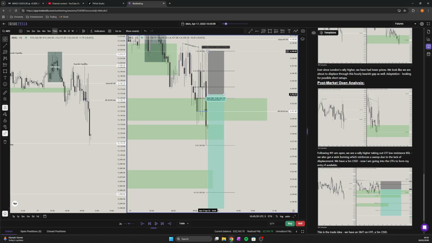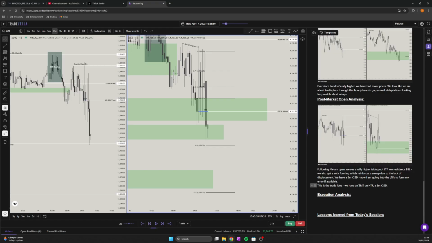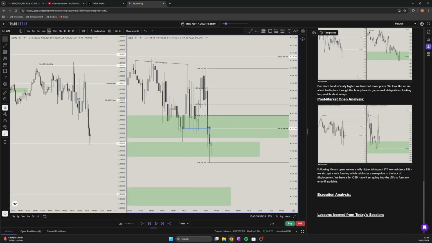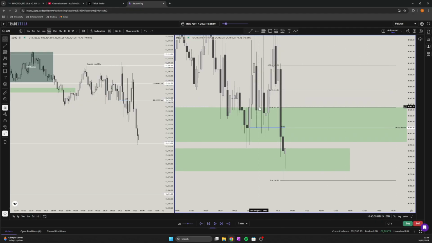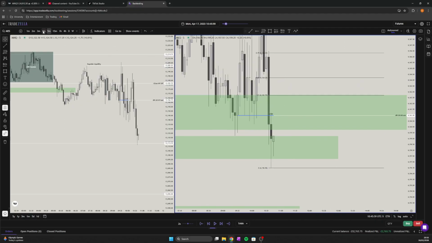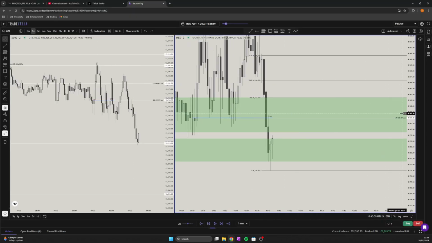There we go. Now this actually allows me to refine my entry a little bit. So let's delete that and look at price again. Did we get a smaller gap? 2-minute? Okay.